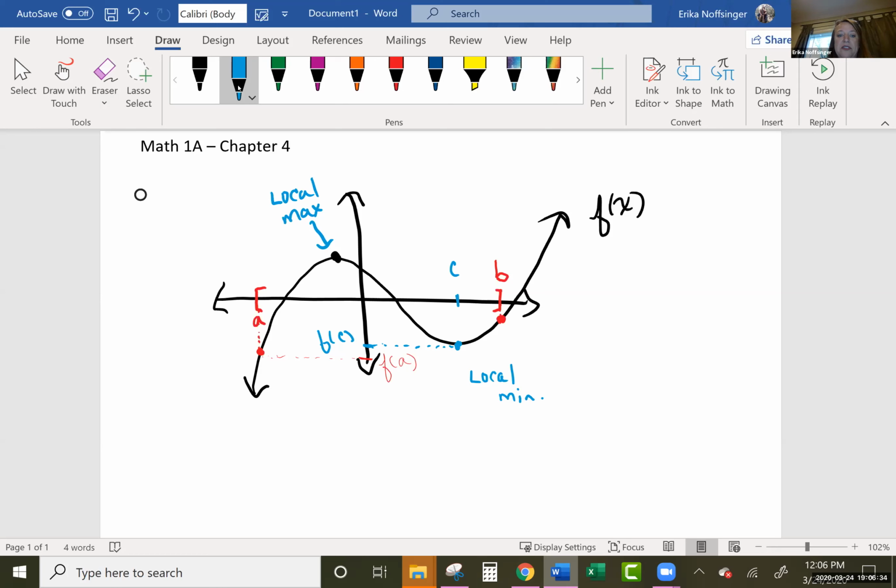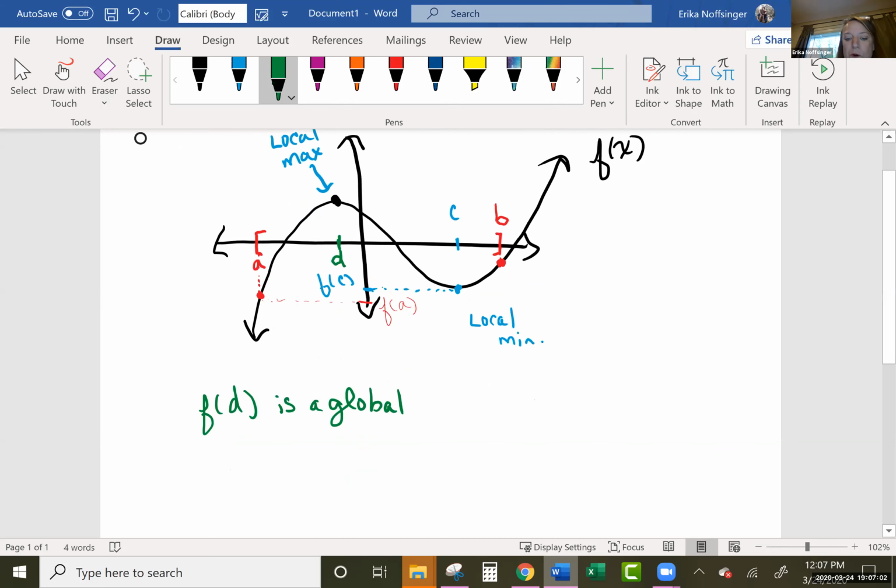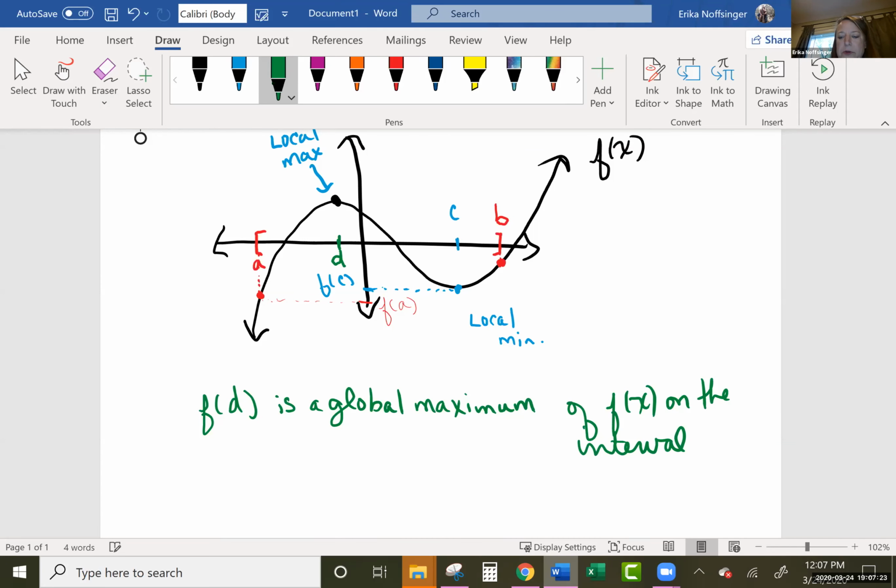If you look at this graph, though, the highest point is occurring, and maybe we can call that something different, maybe D. And so I can tell that f of D is, I'm going to have to get used to saying this because I've never called it global before, an absolute or global maximum of f of x on the interval where x is between A and B and including.